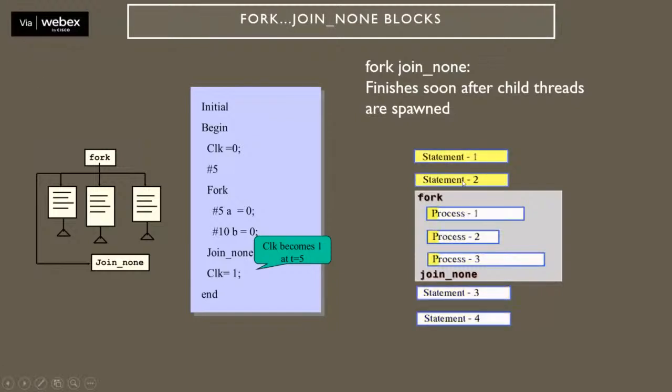Statements 1 and 2 are executed sequentially, and once 2 completes and it's been forked, the processes all begin at the same time. Statements 3 and 4 are not going to wait for any of the processes to be completed.